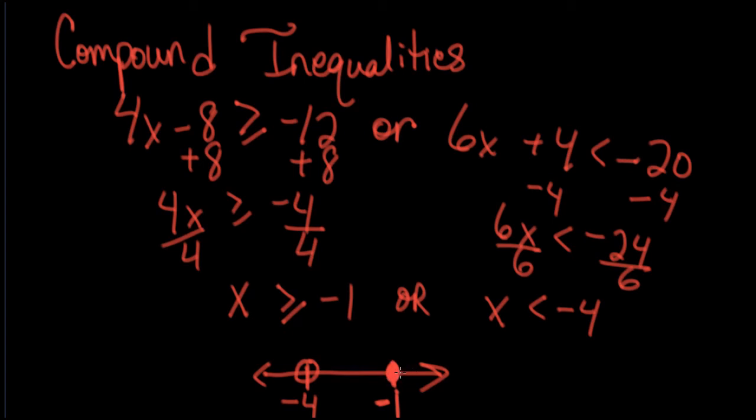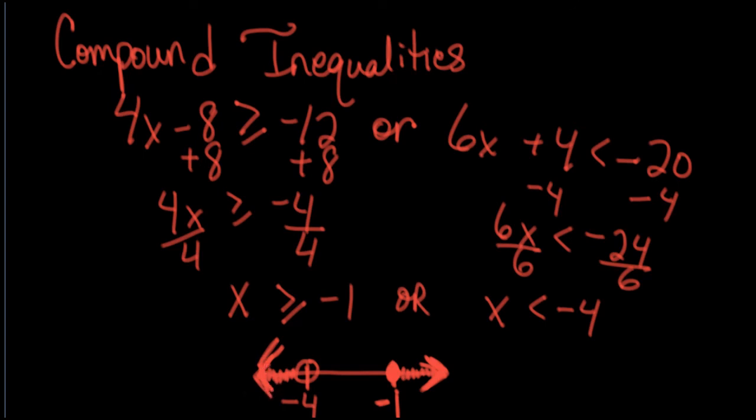The problem says x is greater than or equal to negative 1. So we know it's either going to go this way because it's greater than or equal to negative 1, or less than negative 4. So that means when it's an or problem, when you shade, it goes the complete opposite way. It does not go the same direction. Please don't make that mistake.